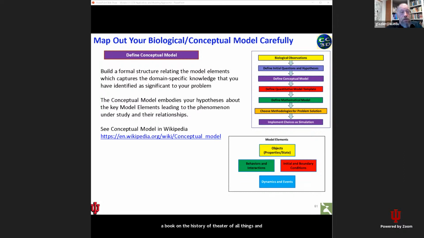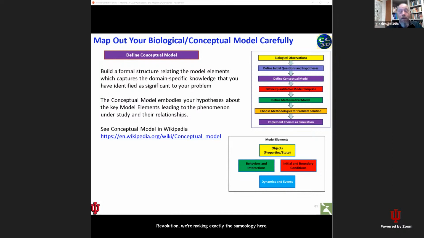And one of the chapters was on the Diderot-D'Alembert Encyclopedia from the 1780s. And in fact, the Diderot-D'Alembert Encyclopedia has a beautiful article on the importance of building conceptual models before building quantitative models. So the French already, at the time of the French Revolution, were making exactly this analogy, this workflow.